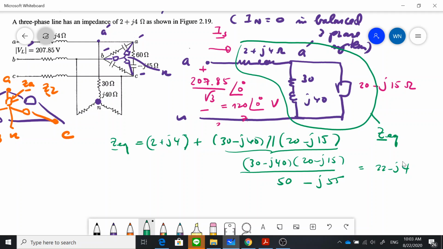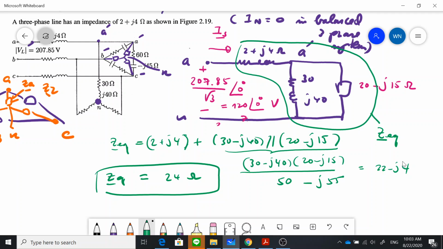Let's check the result yourself, right? In this case, you can see that this is minus J4 and this is plus J4. So your ZEQ will have just a real part, 24 ohms. The ZEQ becomes just 24 ohms.